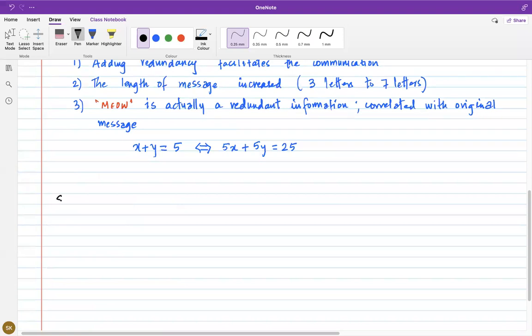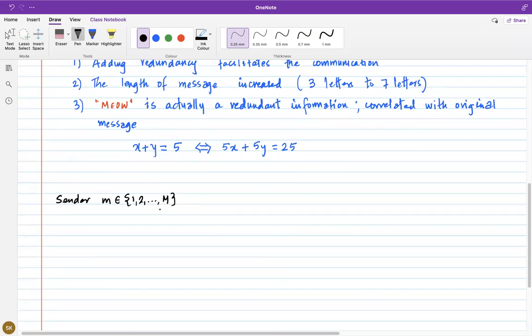So there is a sender which has some messages to send, let's say small m, and there are capital M number of messages that it has to choose from.